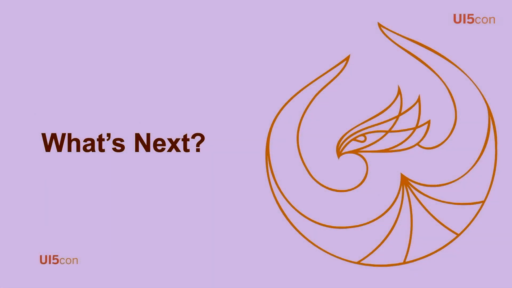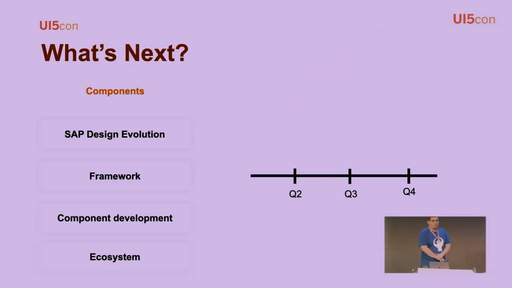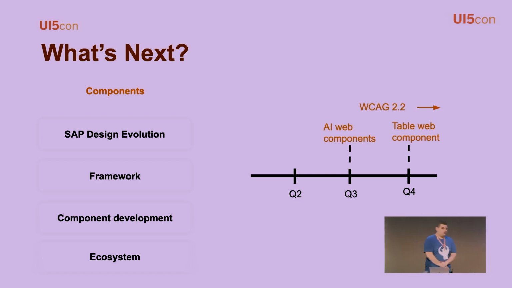Let's see what you can expect from us for the next year. Currently, we know that the AI topic is a high priority for the company. So with that, we are currently working on a new AI component set with the idea to support the development of different AI scenarios.